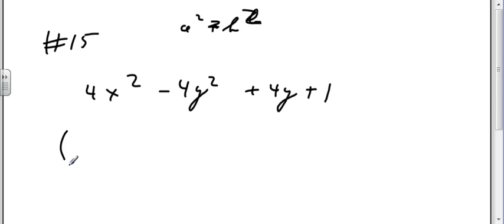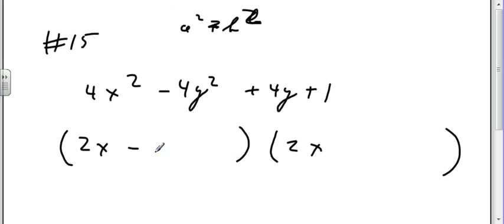All right, well, this one seems to be quite easy. It looks like we're going to need three terms. Probably a 2x and a 2x. And probably a plus 2y and a minus 2y. But then the issue is, how do we get the 1?